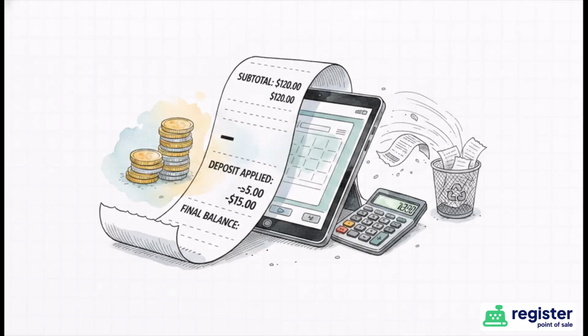And once you proceed to checkout, that's where the magic happens. The system automatically applies any and all previously collected deposits to the final amount due. Your cashier doesn't have to hunt for old receipts or pull out a calculator. The deposit is clearly listed right under the adjustments total. You collect whatever the remaining balance is, and once that final payment is made, Register POS automatically marks the estimate as closed.